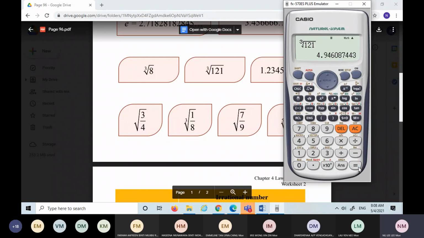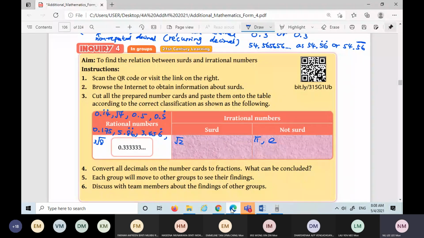Not an integer, and non-repeated. So under irrational, is it under surd or non-surd? Surd. Okay, this is surd. So I have another example here already: cube root of 121.